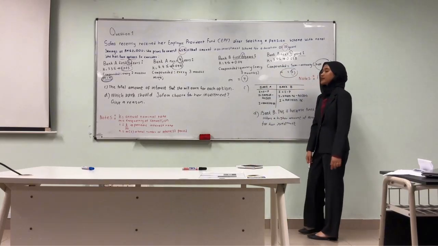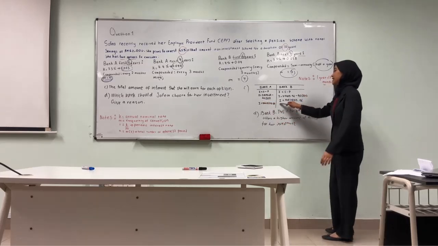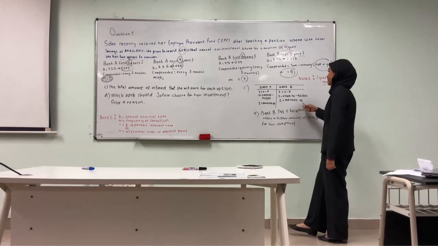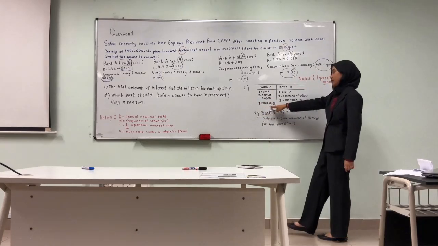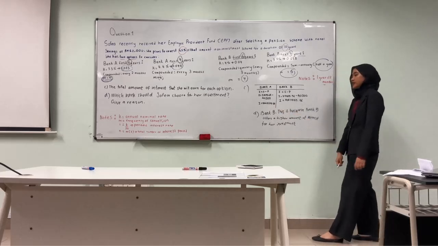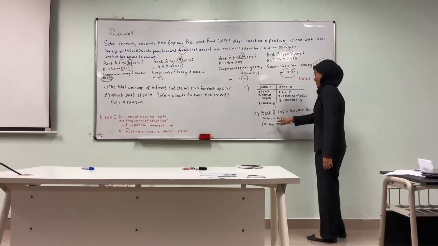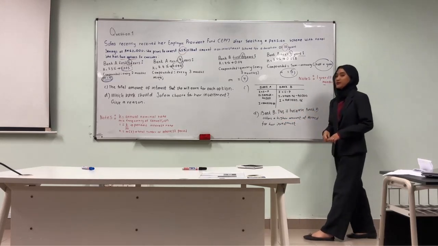Since we have calculated the interest, we can see that bank B offers a higher amount of interest, which is 19,185.56, compared to bank A, which only offers RM 18,891.64. So for this question, we will answer bank B. This is because bank B offers a higher amount of interest for her investment.